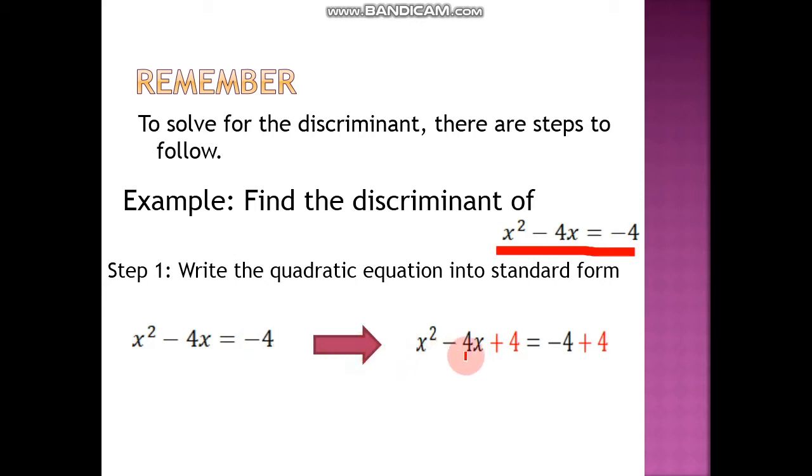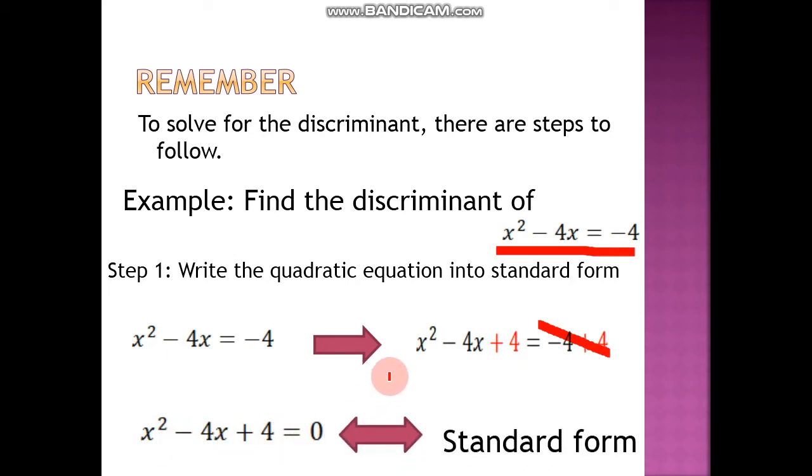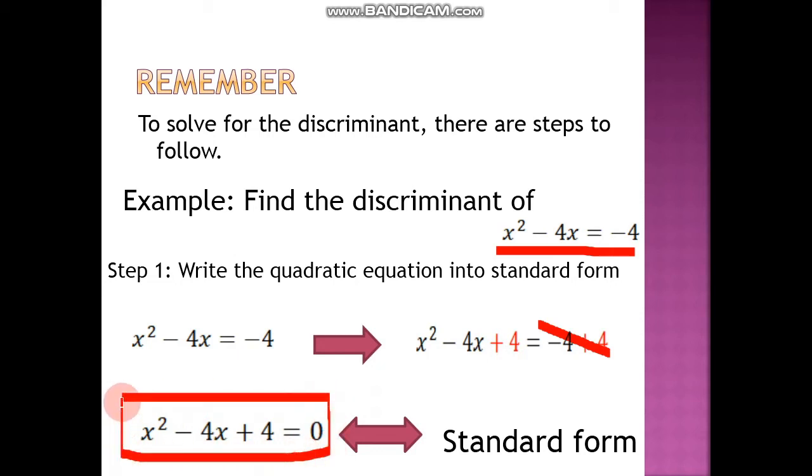X squared minus 4x plus 4 equals negative 4 plus 4. Cancel this out and it becomes x squared minus 4x plus 4 equals 0. And this is now in standard form. So we can identify the values of a, b, and c.